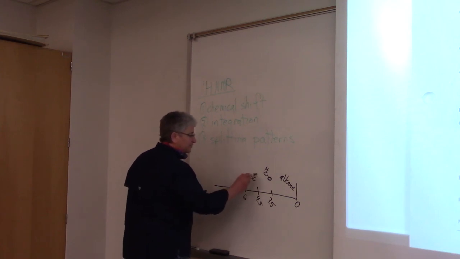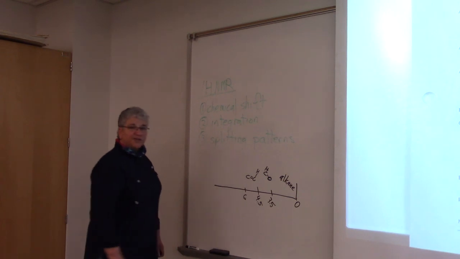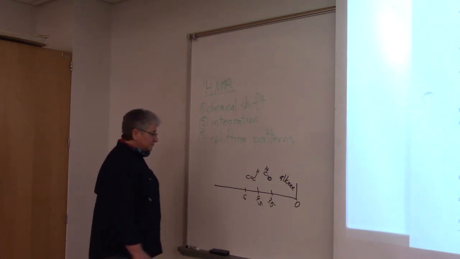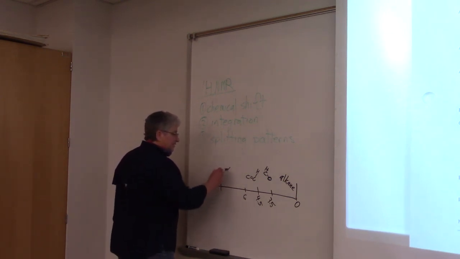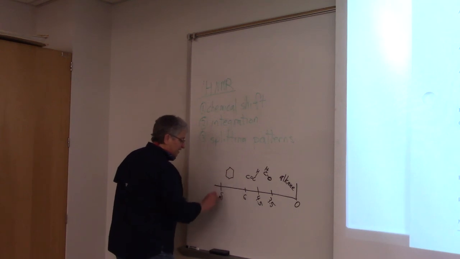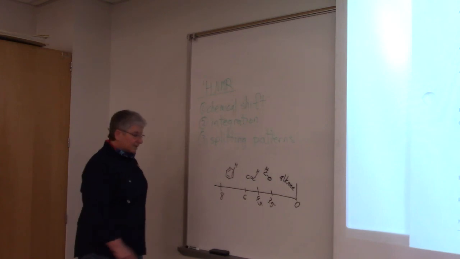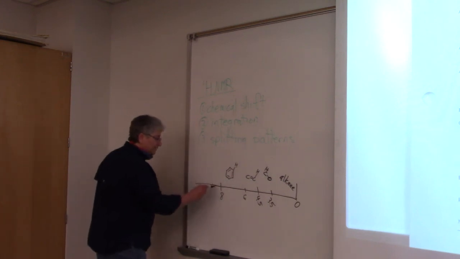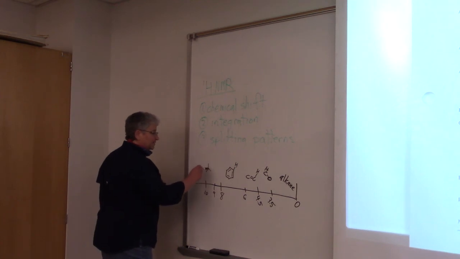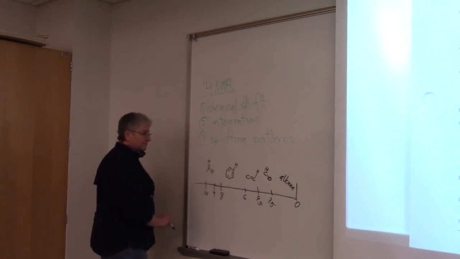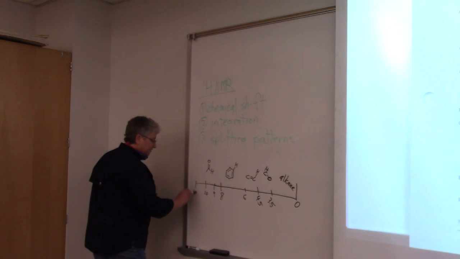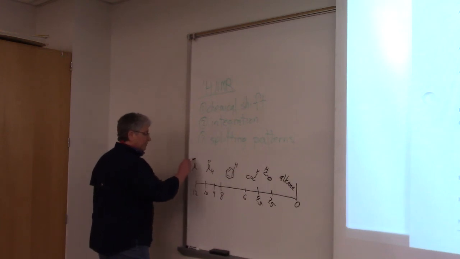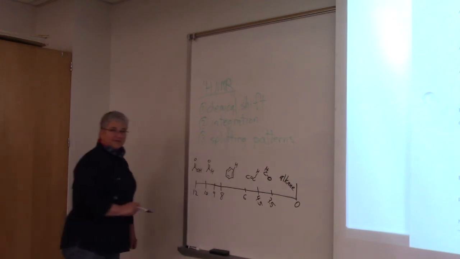That's where you have your hydrogens that are part of a double bond. And then you have your aromatic hydrogens. And then, right, from 9 to 10, you have your aldehyde hydrogens. And then from 10 to 12, you have your carboxylic acid hydrogens.